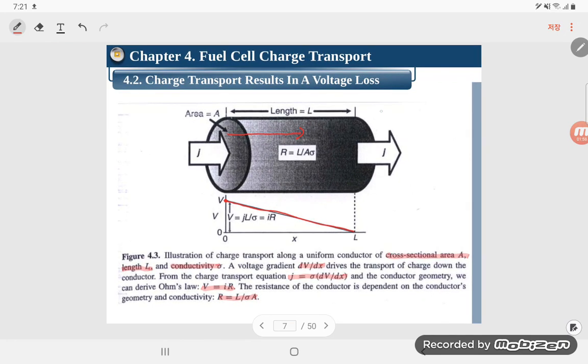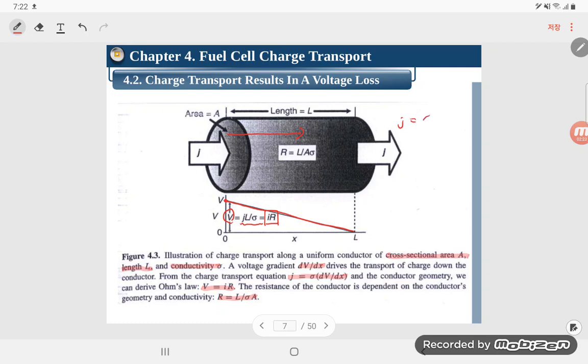As we know, we already defined V equals IR. This is Ohm's law, right? And we already know about J, because we defined it previously.